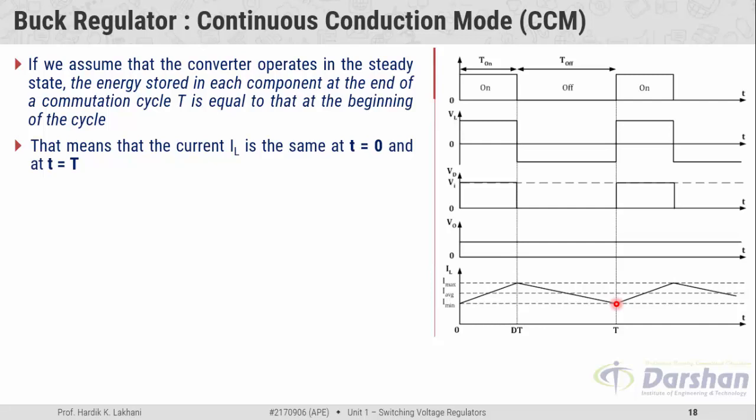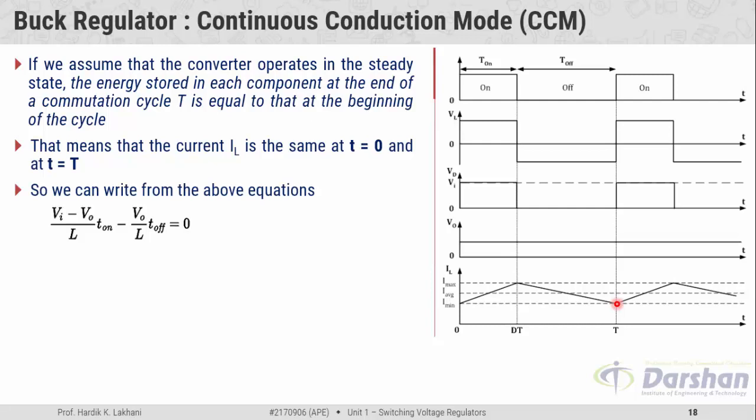You can see that the current IL is the same at t equals 0, which is I minimum, and at t equals T, which is also I minimum. So we can write (Vi minus Vo) divided by L times T on, minus Vo divided by L times T off, is equal to 0.